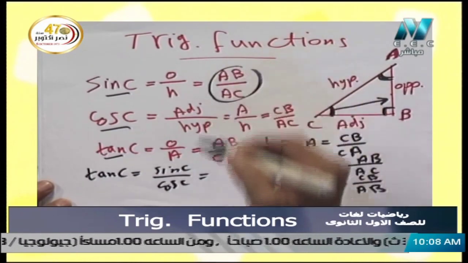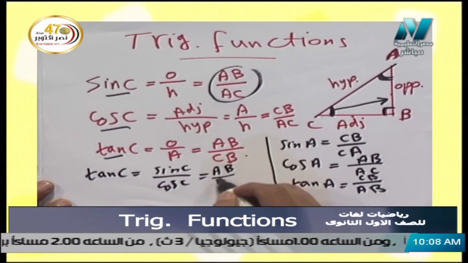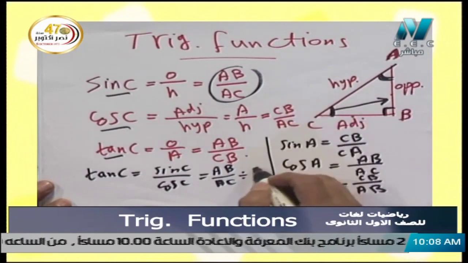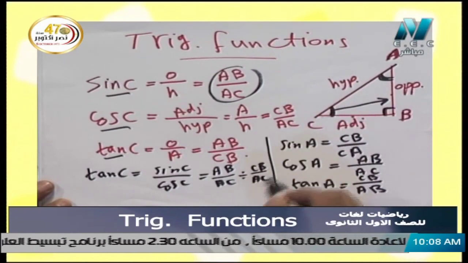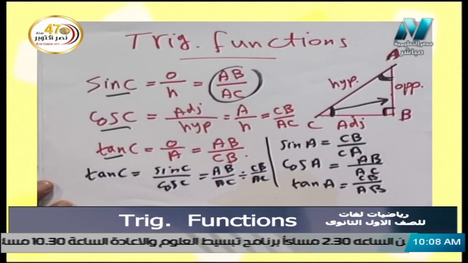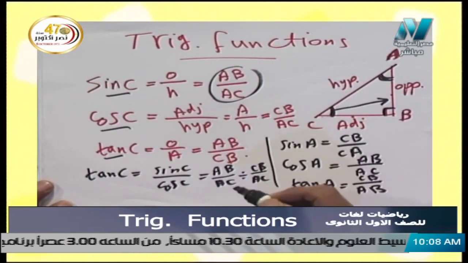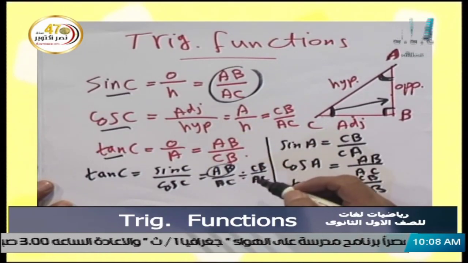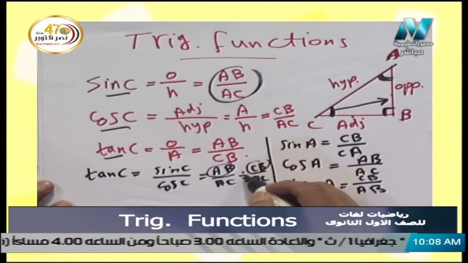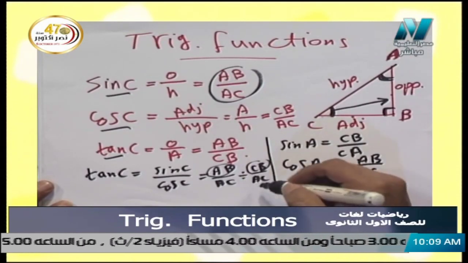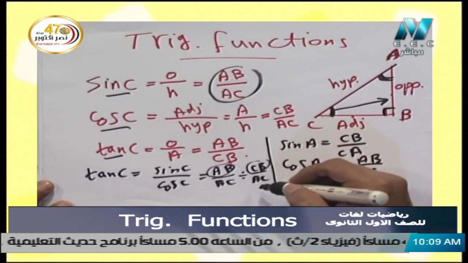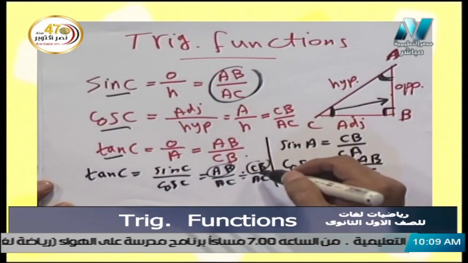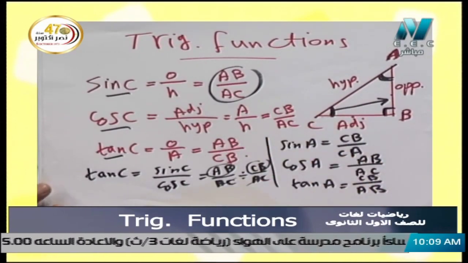Sine C is AB over AC, divided by cosine C, which is CB over AC. Division returns to multiplication by the reciprocal, so AC cancels with AC, and the remainder is AB over CB.